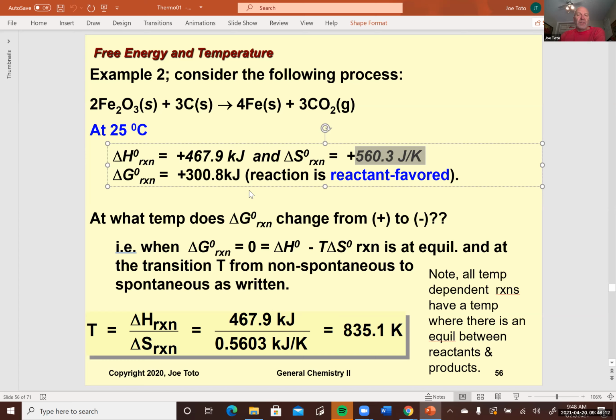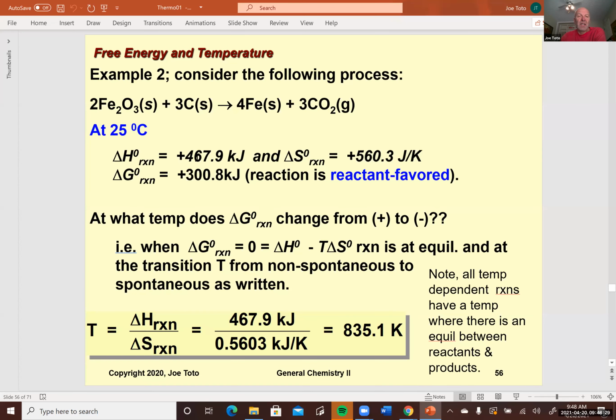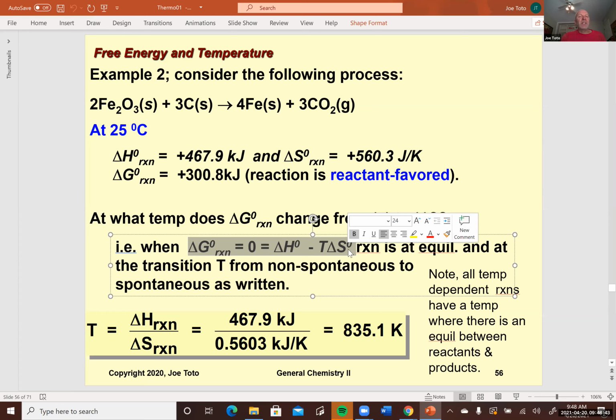But just as before in our conversation back here, when we were looking at transition temperatures for this specific reaction of the melting of water, where delta H of fusion is involved, for something like this we can also calculate a tipping point temperature or a transition temperature, where there would be an equilibrium between the reactants and the products.